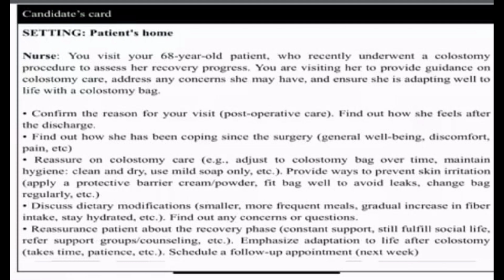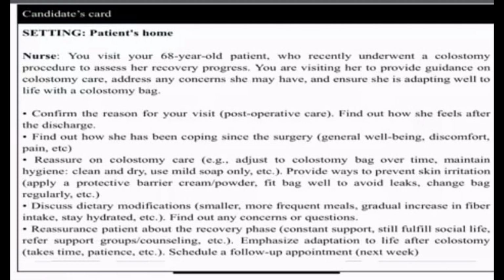We can start our sentence like this: Miss Susan, how are you feeling today? I am so sorry to hear that you are a bit nervous. As here we need to confirm the reason for your visit, post-operative care, we can tell the patient like this: I am here now, so please don't worry, I will do the needful.